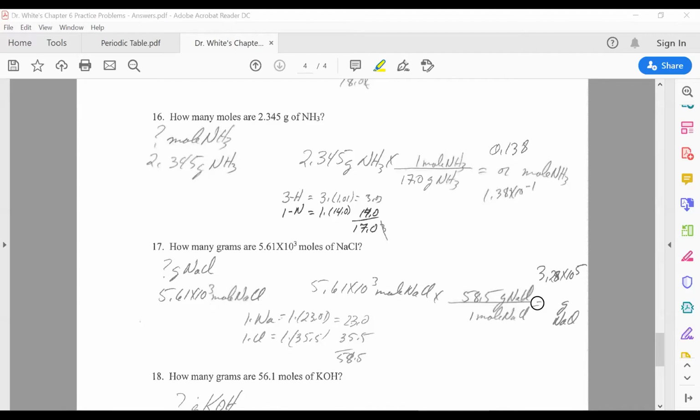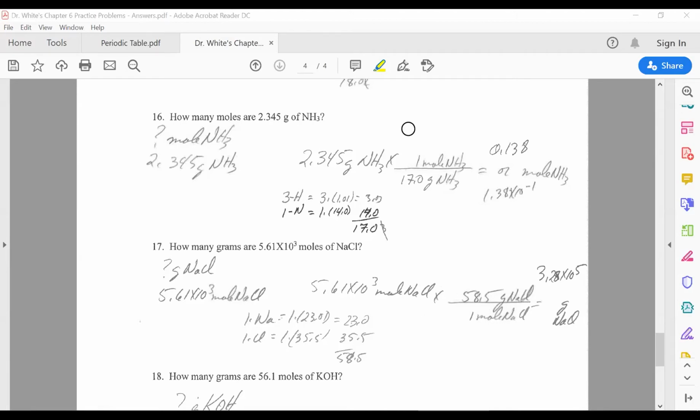That's in math what we're trying to get to, and that's grams of sodium chloride. Use your good buddy, your good friend, unit analysis. And grams of sodium chloride goes on top. Moles of sodium chloride goes underneath.